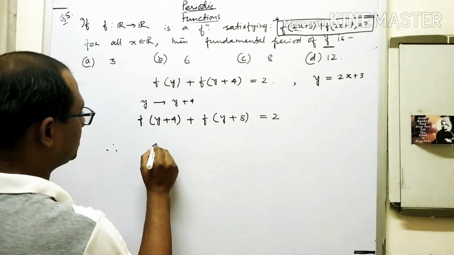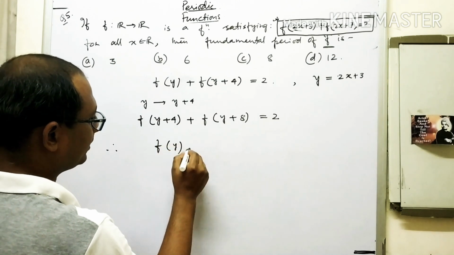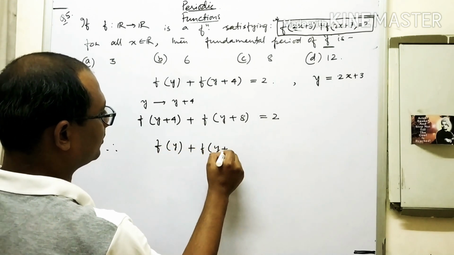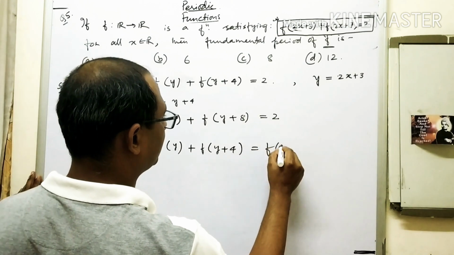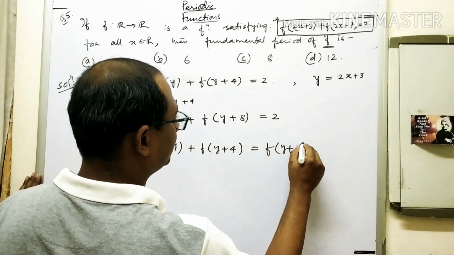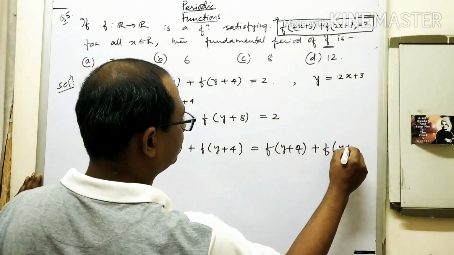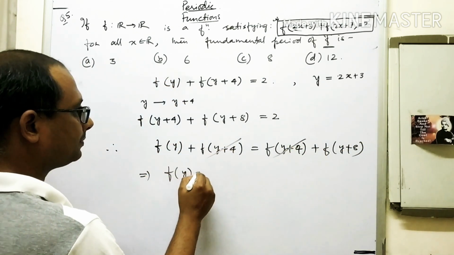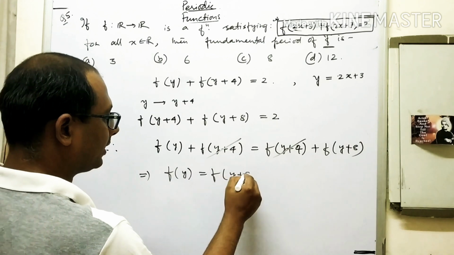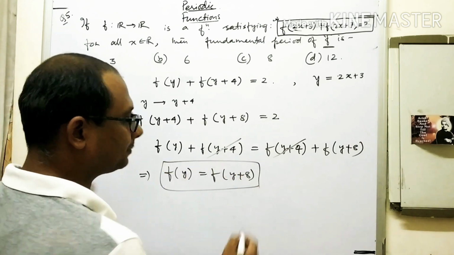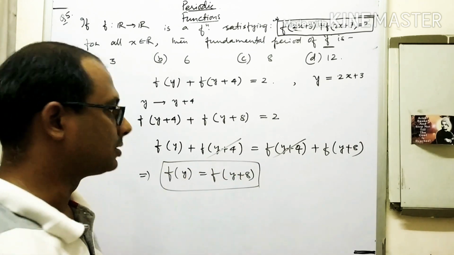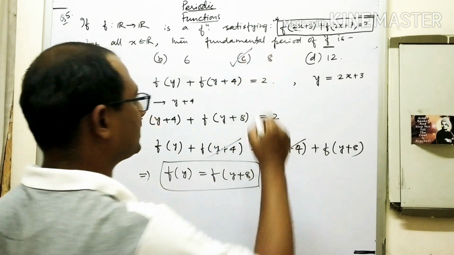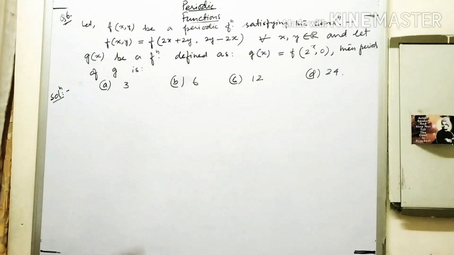So equating these, we'll get f of y plus f of y plus 4 equal to f of y plus 4 plus f of y plus 8. So we'll get f of y equal to f of y plus 8, and that is exactly what we were looking for, right? So the fundamental period of f is 8. Coming up with the next question.